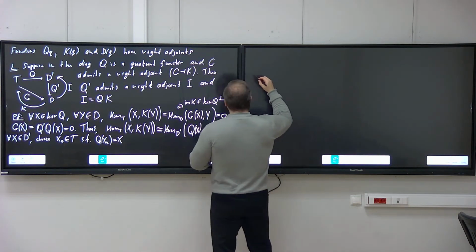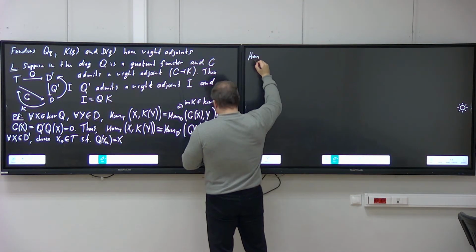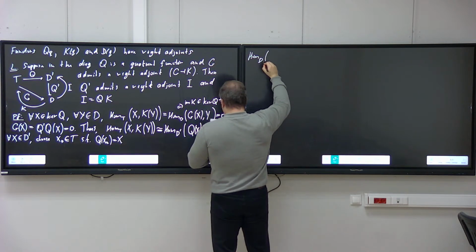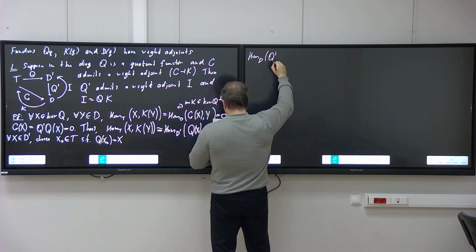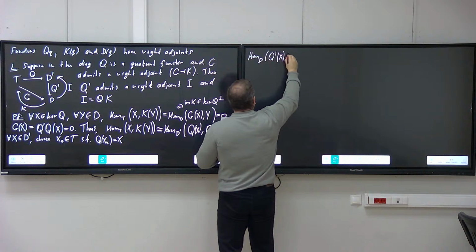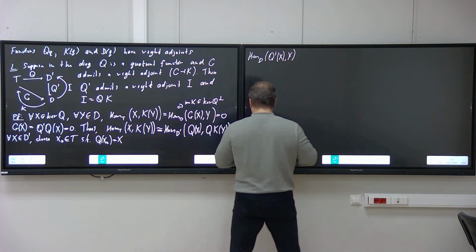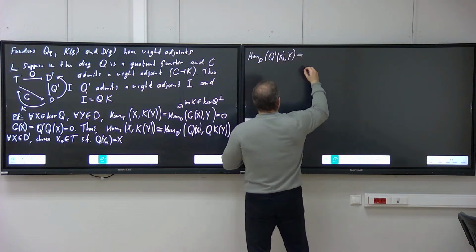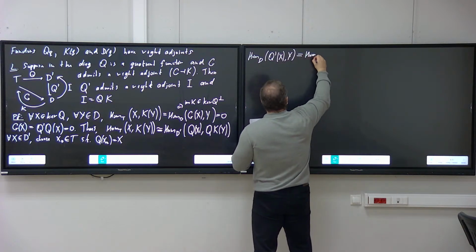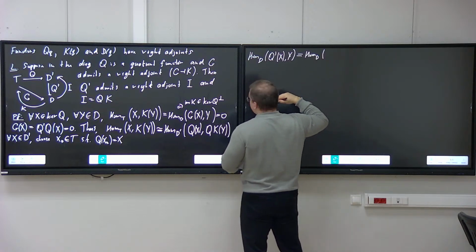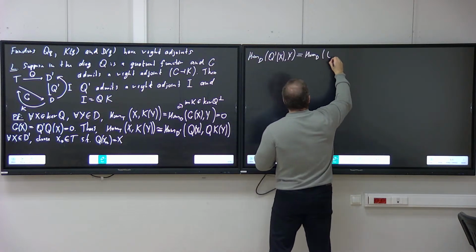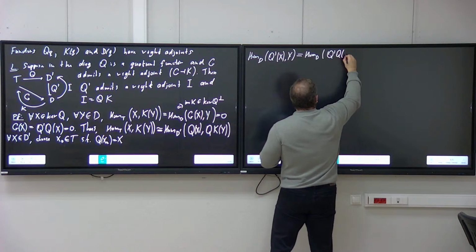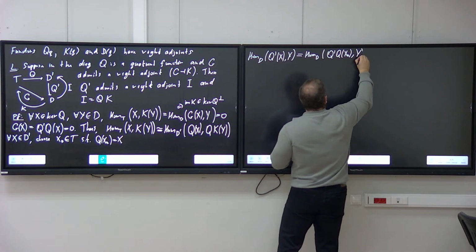Okay, so then the home in the category D between q prime of x and y, well, I can write this as the same home in the D. I just plug in x0 in this formula. So this will be q0, q of x0, y.